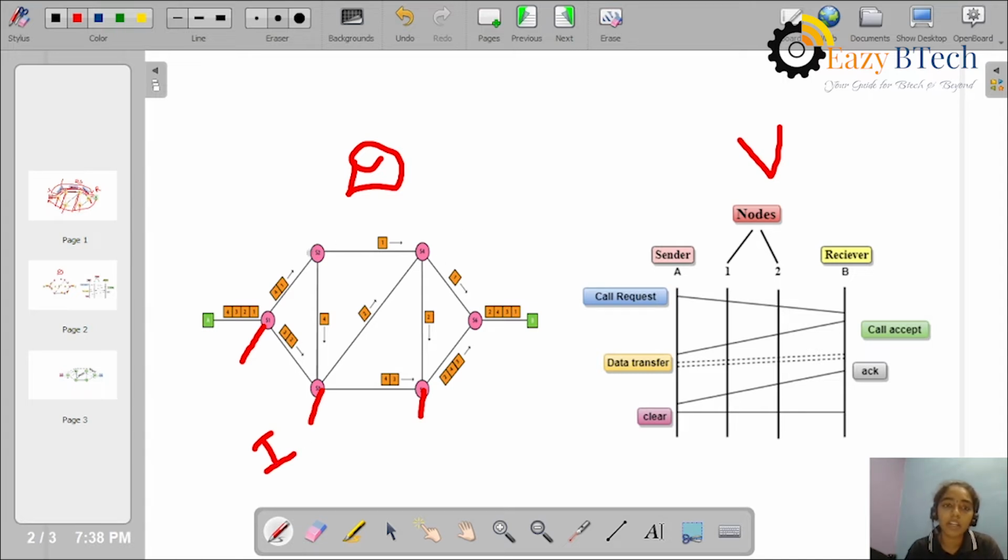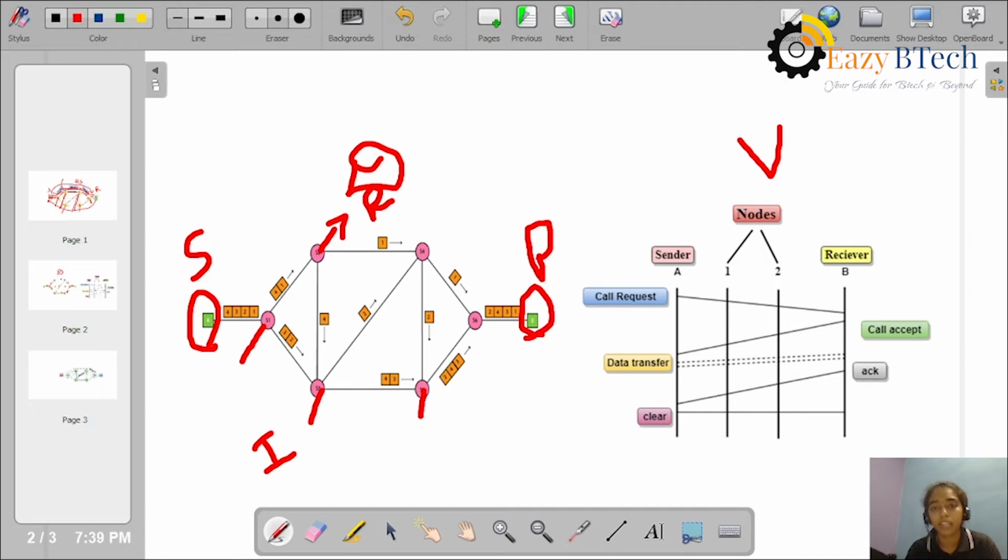S1, S2, S4 are the intermediate nodes, nothing but routers. A is the sender and B is the receiver.